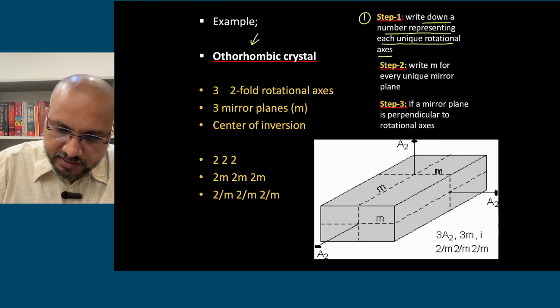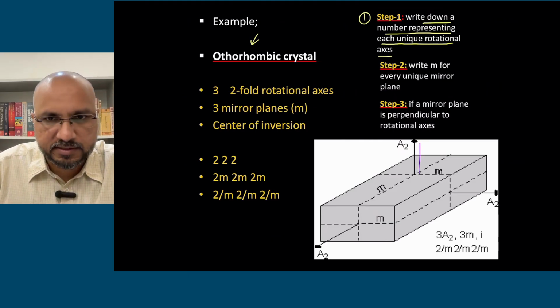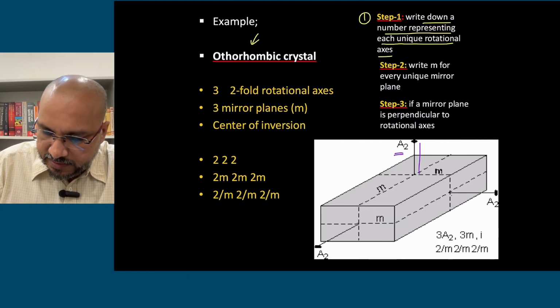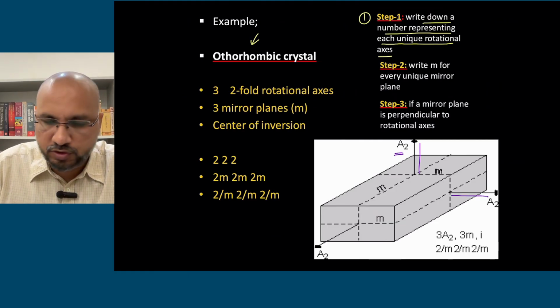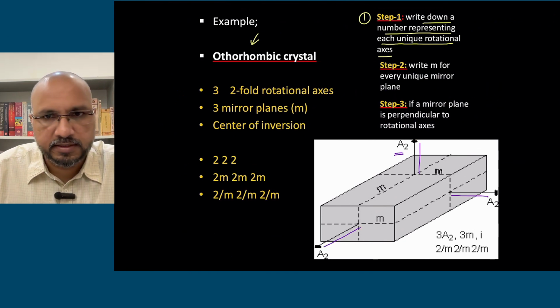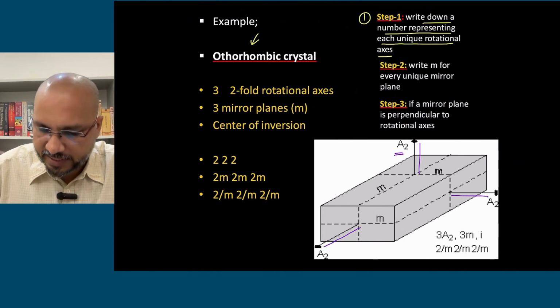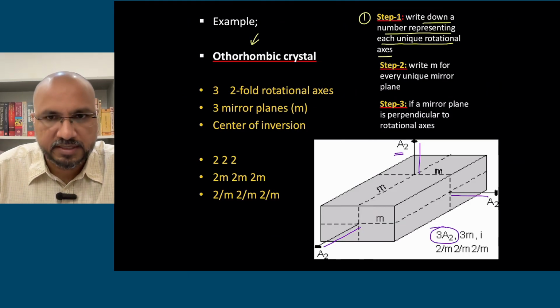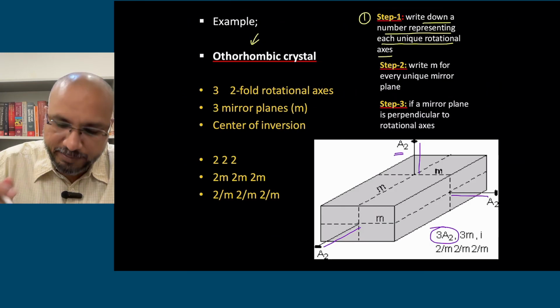So let me take another color. Okay, so you have this rotational axis, it is a two-fold rotational axis, A2. Here it is another unique two-fold rotation axis. This is another unique two-fold rotation axis, right? So you have 3 unique two-fold rotation axes. Then you also have 3 mirror planes.